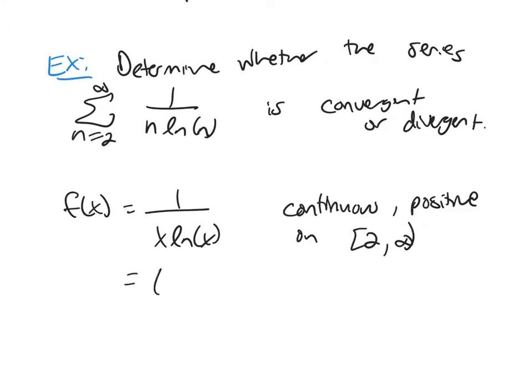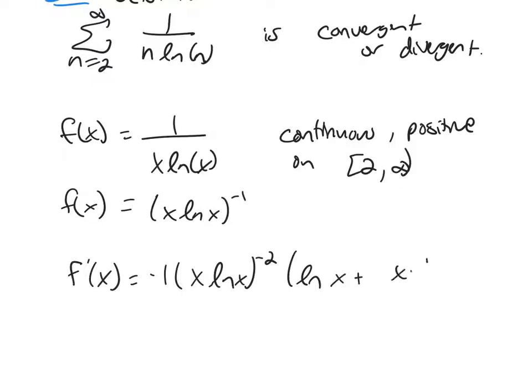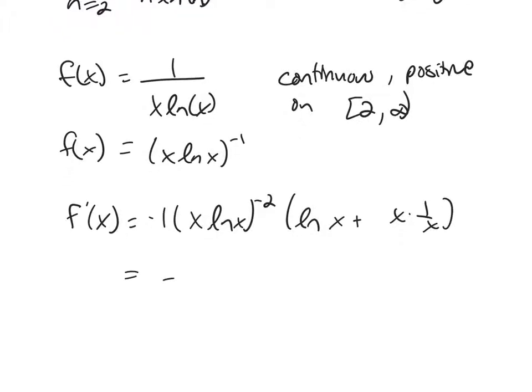You can rewrite the function like this. Use the chain rule to take the derivative here. F prime of x would be x ln x to the -2. And then the inside derivative would be the product rule. So you get negative ln x plus 1 over x ln x squared.